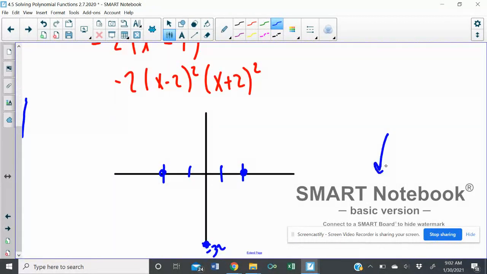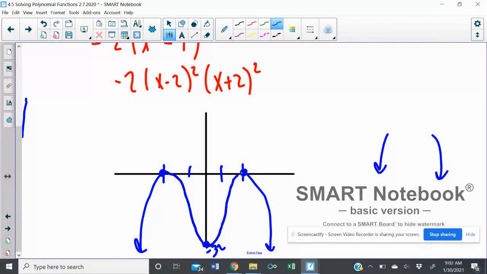Negative even looks like this. So from my final end points, I need to be going downward. Now I have double roots here and here, which means it passes not through, but tangent. So there's a quick sketch of that problem. Obviously my scaling is way off with the 32, but that's okay. It's just a sketch. We're using our zeros, our y-intercepts, and our end behavior to graph.